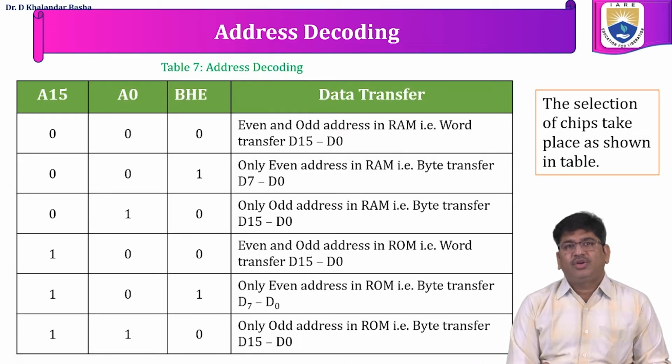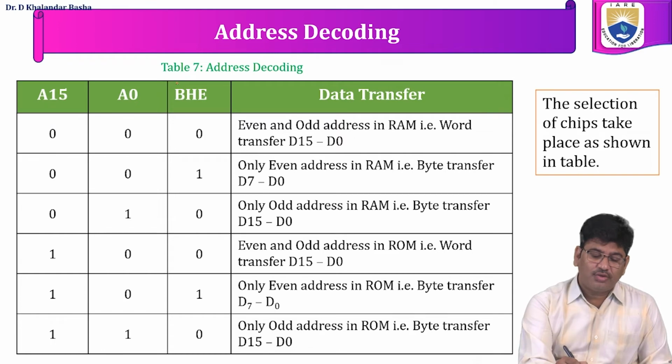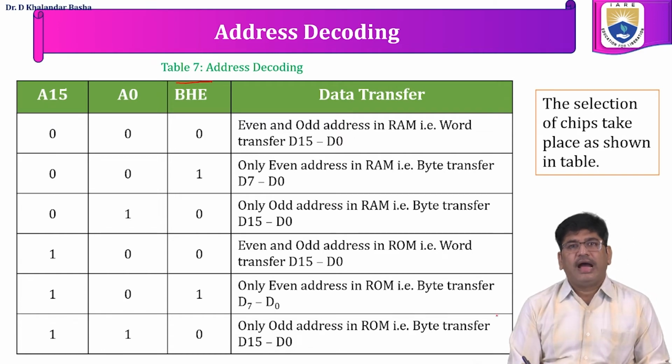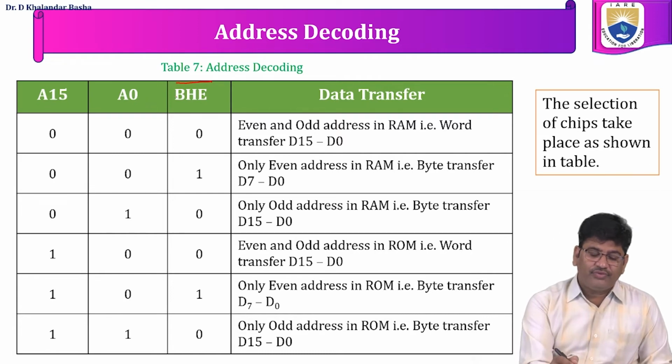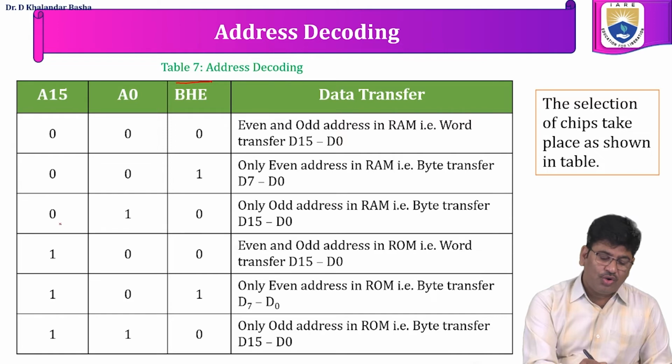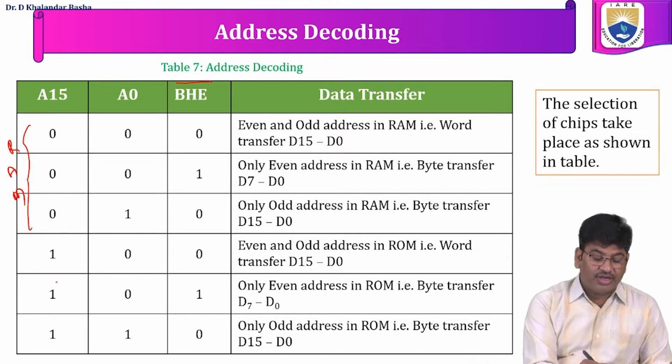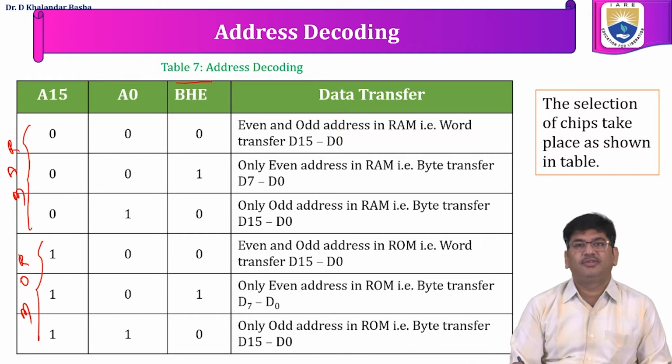Now the address decoding mechanism for selecting the chips will be decided by three lines: BHE bar, A0 and A15. Whenever A15 is 0, it corresponds to RAM addresses. Whenever A15 is 1, it corresponds to ROM chips.